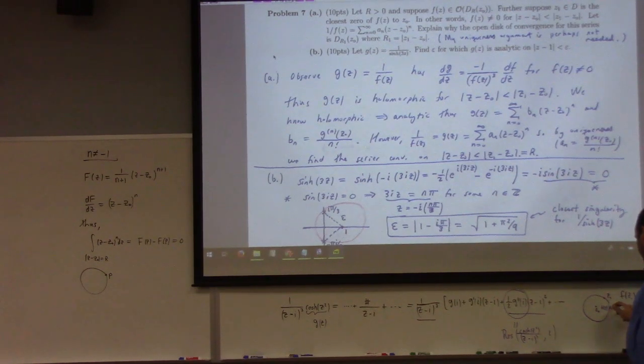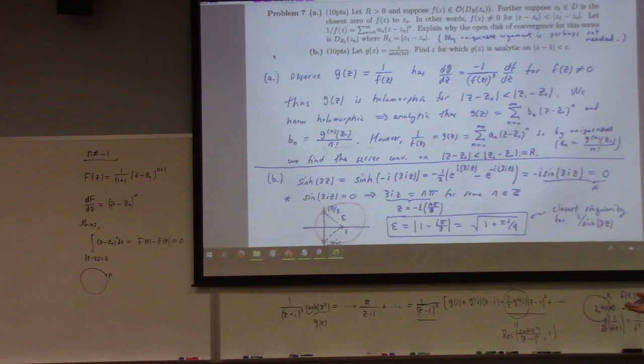And so then 1 over f of z, if we differentiate it, has a well-defined derivative, right? It's minus 1 over f squared f prime. I don't know what that is exactly, but I do know that it exists. So that function's holomorphic, but then we know that holomorphic implies analytic.